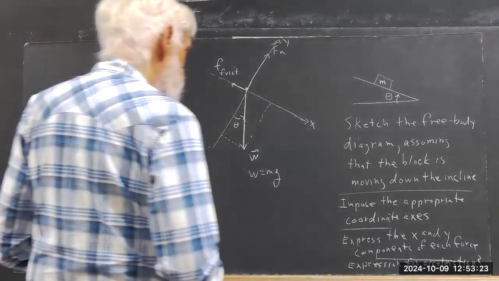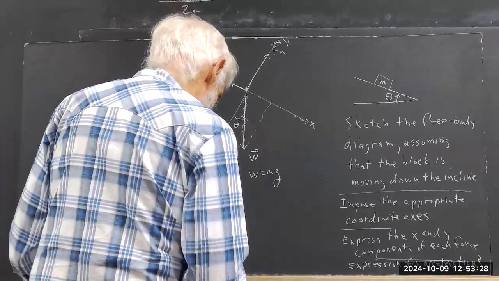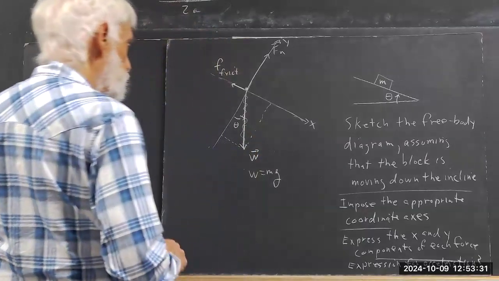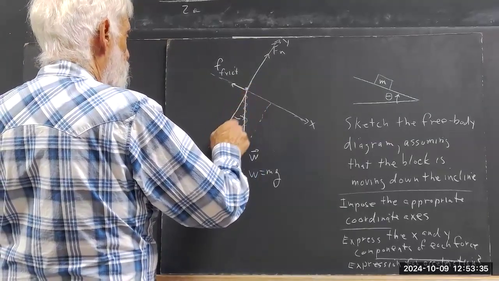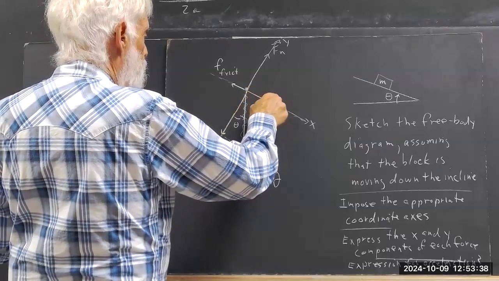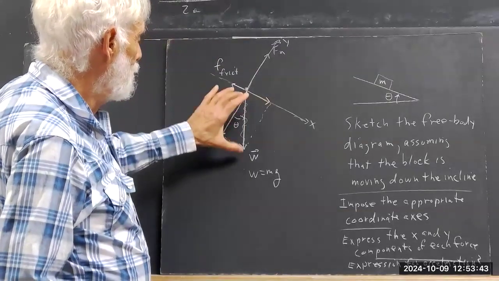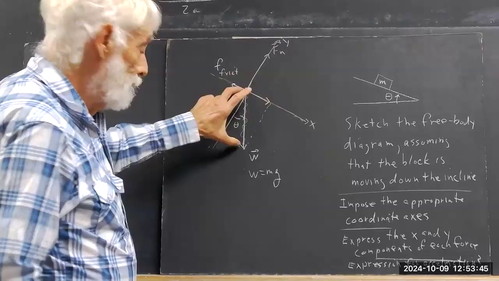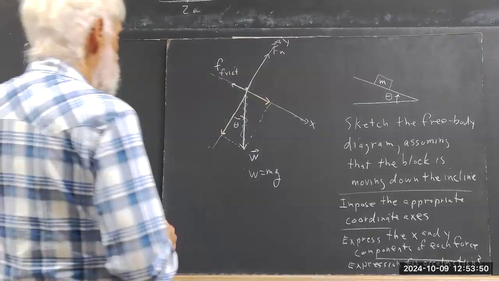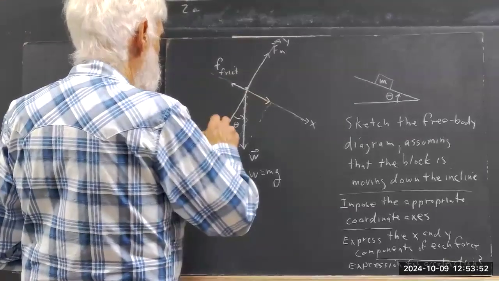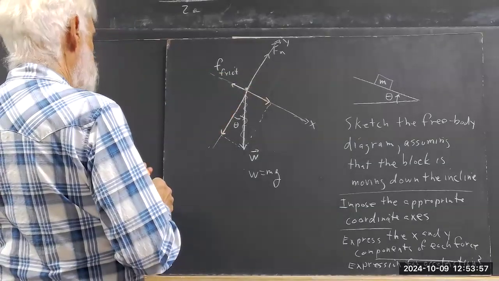So that we can get rid of this vector and replace it by this vector and this vector. Because by the parallelogram method and so forth, if I add these two vectors, I get this vector. It should be very clear. Now, what are these vectors?